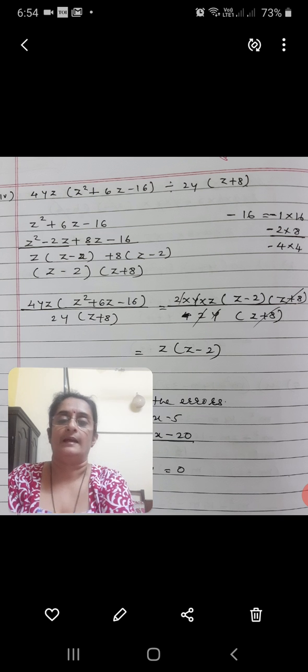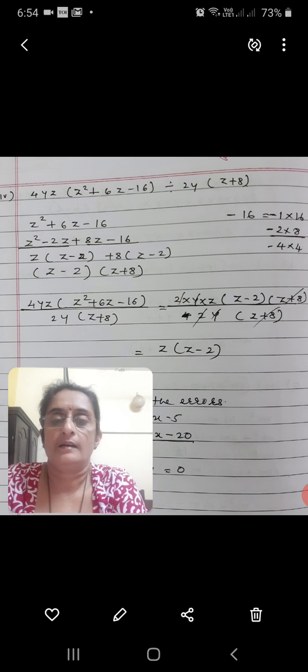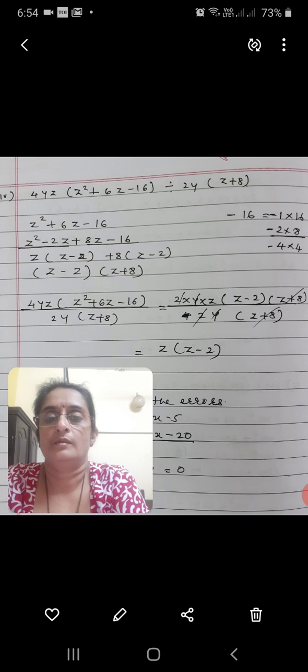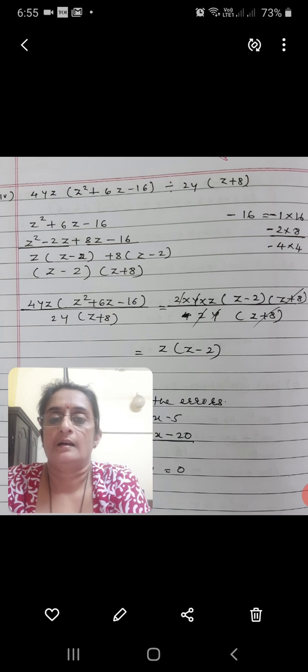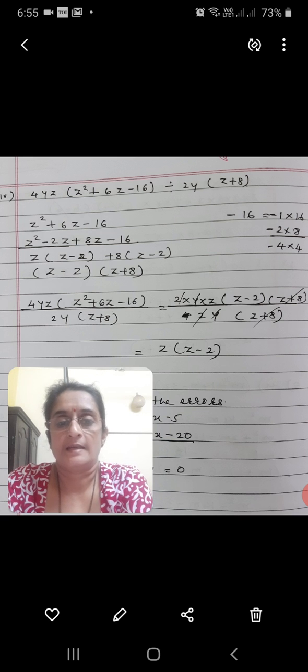Now we'll write it in the division form. So 4yz is 2 into 2 into yz. Next, z² + 6z − 16 has factors (z − 2)(z + 8), which we got now, and it is divided by 2y(z + 8).